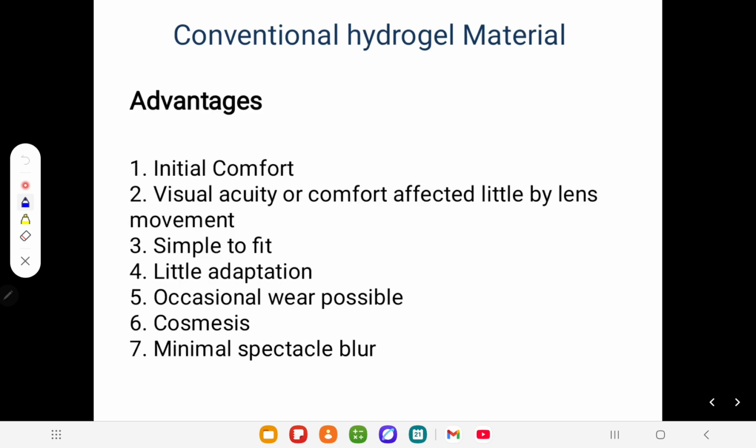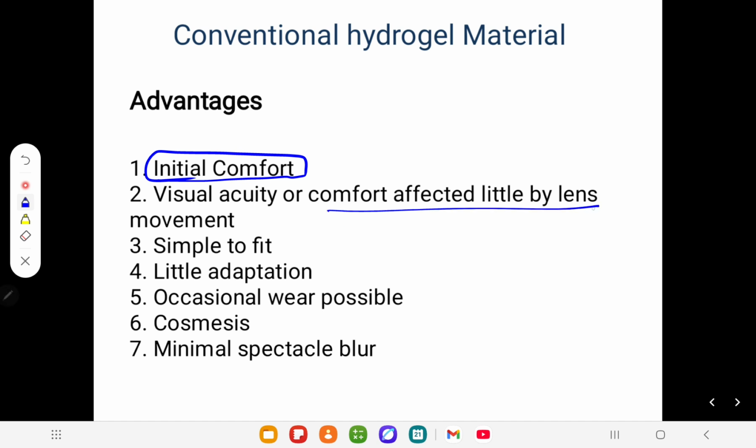We know it. So what are the advantages and disadvantages of conventional hydrogel material? The first advantage is comfort, isn't it? One of the disadvantages of RGPs is initial discomfort, isn't it? So the advantage of soft hydrogel contact lenses, I'm not talking about silicone hydrogel, is initial comfort, visual acuity, and because it conforms, little lens movement.